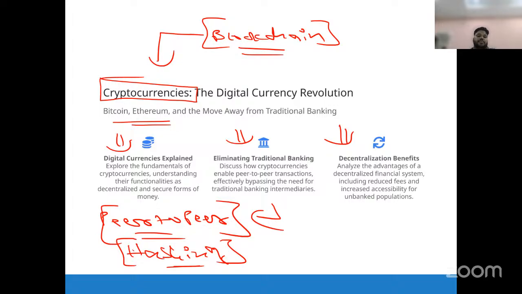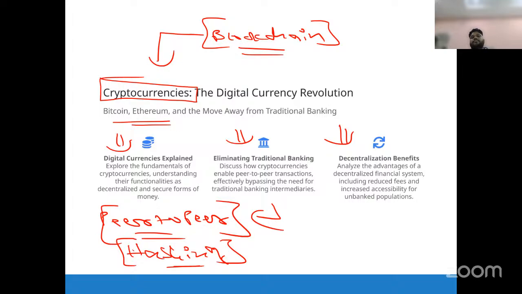So these are the three things which you should be knowing. Whenever you talk about a cryptocurrency, it is a digital currency where it doesn't have any form, size, or shape. And on top of that, all the cryptocurrencies are going to be peer-to-peer. That means you do not need any third party or intermediary whenever you want to do any transaction. And on top of that, you also have the hashing.